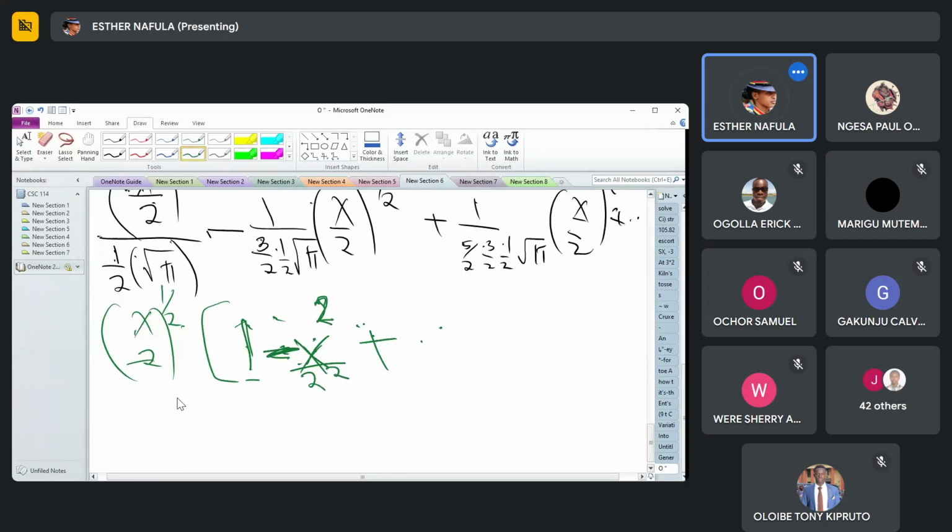For the third term, x over 2 to the power 4.